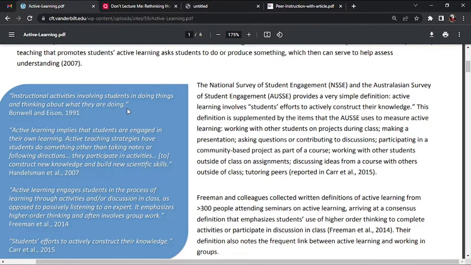So we are talking about the easiest way to learn programming, and by the fact that we have already mentioned what active learning is, which is about instructional activities involving students, that already should give you the first point: the easiest way to learn programming is by being involved in doing things and thinking about what you are doing.